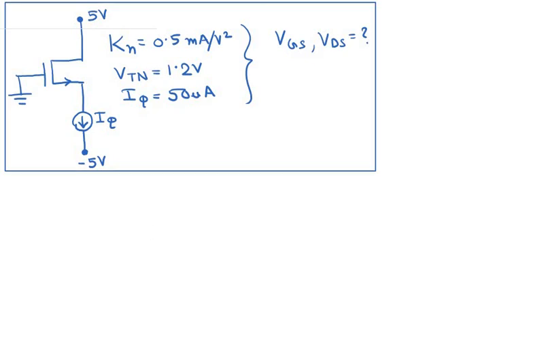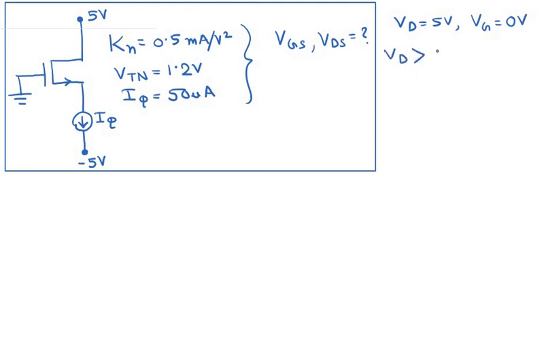Now let us see whether this MOSFET is in the triode regime or in the saturation regime. We see that the gate is grounded and the drain has a voltage of 5 volts. So Vd is equal to 5 volts and Vg, the voltage at the gate, is equal to 0 volts.